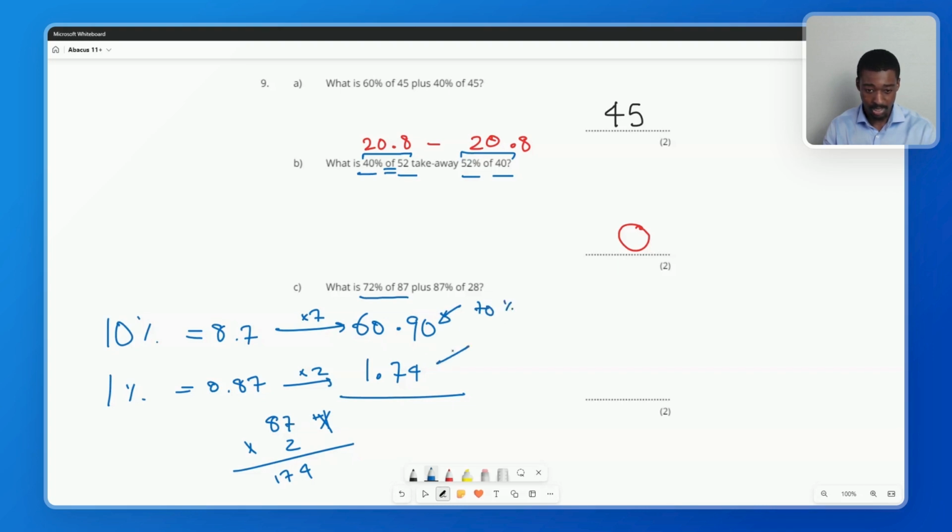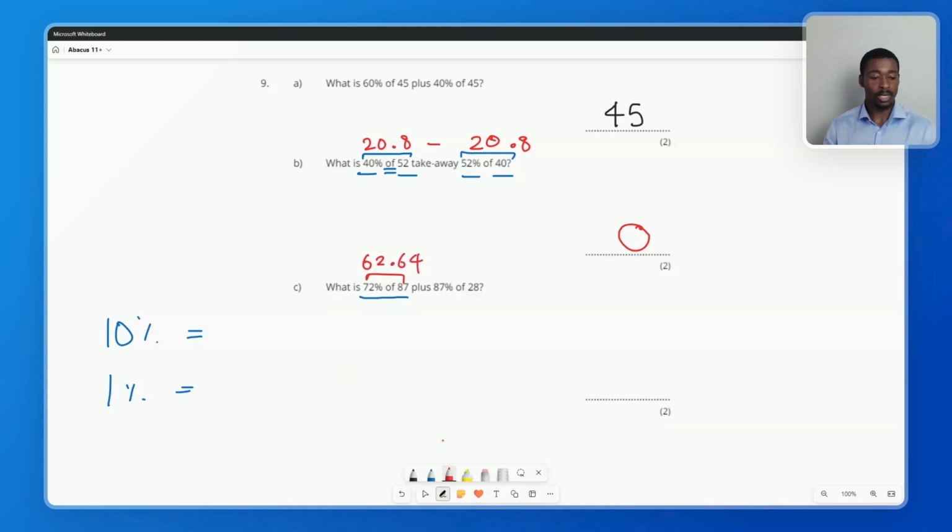This is 2%. So we add it together, 4, 9 plus 7 is 16, carry the 1, 2, and then 6. So we have firstly here 62.64.